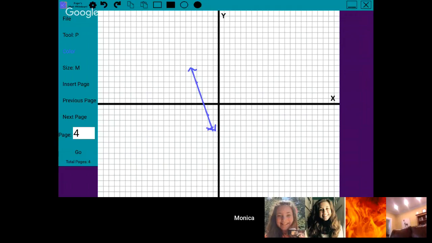Sorry, negative 4, 4. Because you're going to go over to the left 4 and then up 4. Do you see it? Okay. And then what's your point for B?